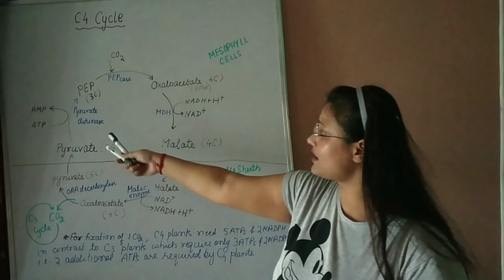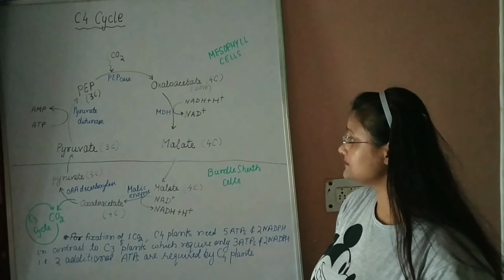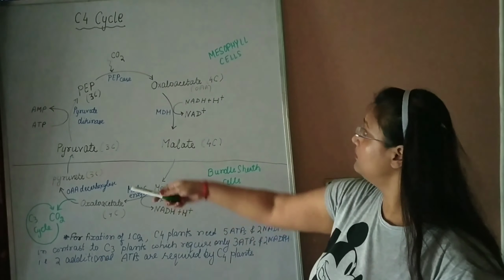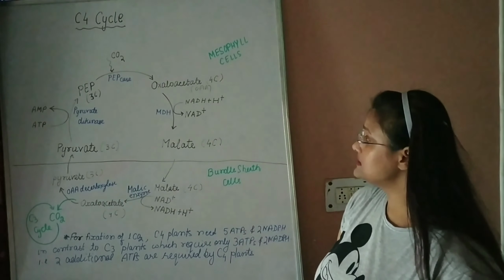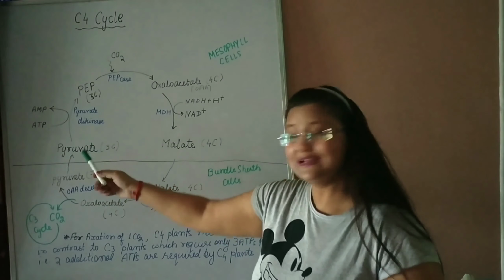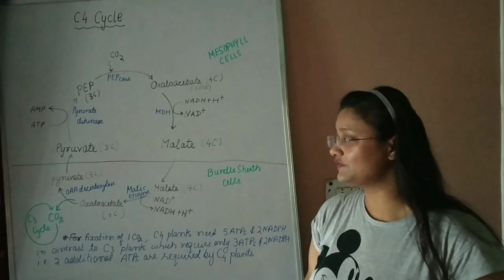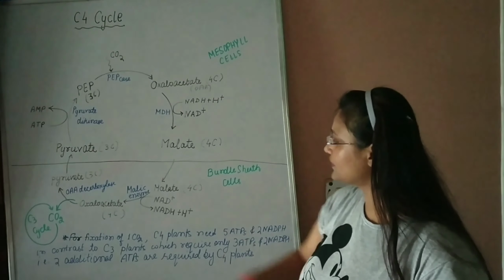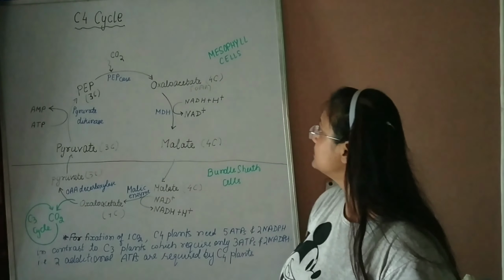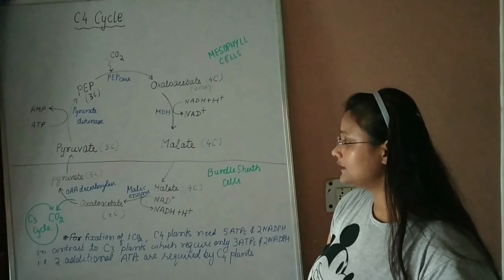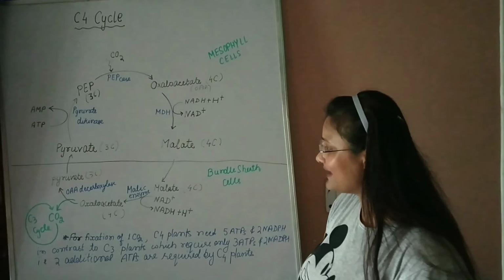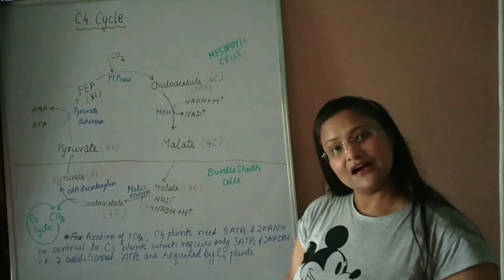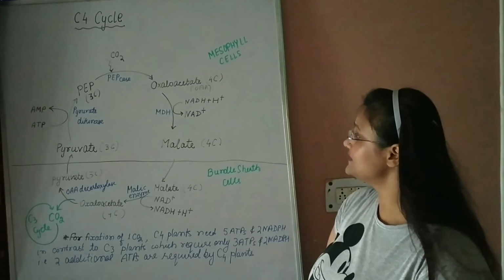Pyruvate will get transported into mesophyll cells. This is for the first time it is coming to the mesophyll cells. So the pyruvate which was synthesized in bundle sheath cells will be transported to the mesophyll cells.